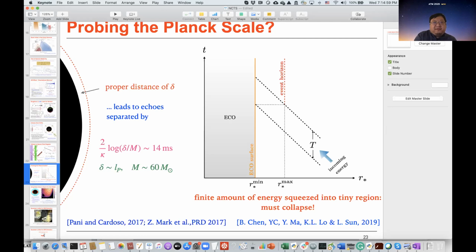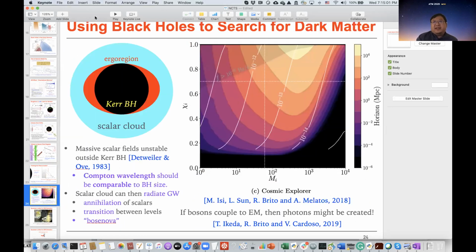Okay, so let me finally say that the other very interesting aspect of gravitational wave detection is also in the search for dark matter, in this very specific way, where we know that for Kerr black holes, any massive scalar field or massive fields outside the Kerr black hole actually is unstable, in the sense that if you have the Compton wavelength of the particle comparable to a Kerr black hole, you will have the Penrose process, it's the Nobel Prize winner.